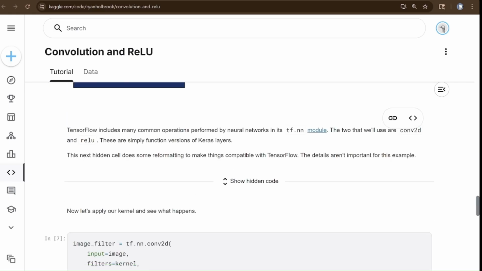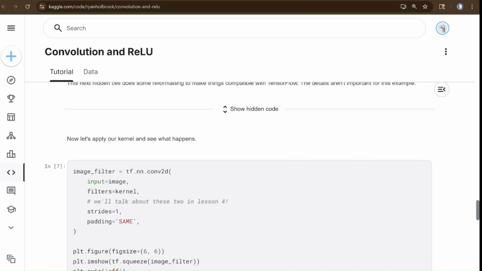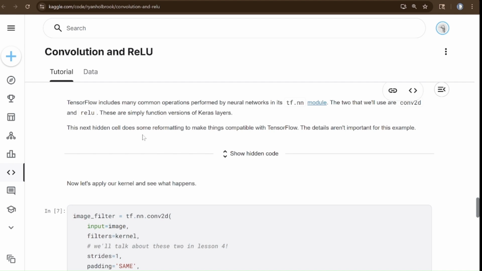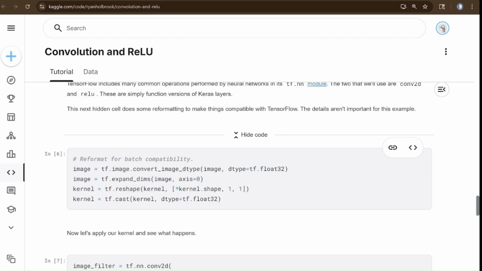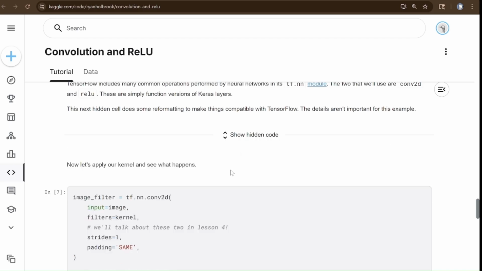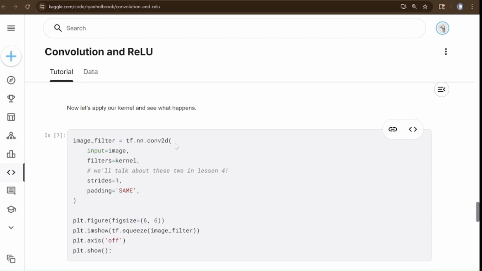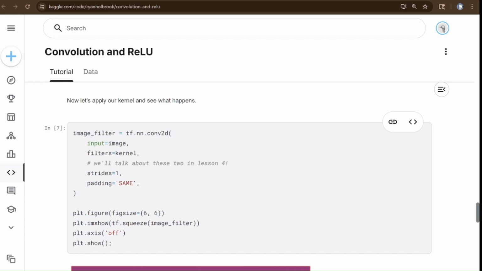TensorFlow includes many common operations performed by the tf.nn module. These two we will use: conv2d and ReLU. Next, a hidden cell does some reformatting to make things compatible with TensorFlow. If you want, you can just go through this. This is your image and kernel. Now let's apply the kernel. See, tf.nn.conv2d is the function that will help to apply the kernel.